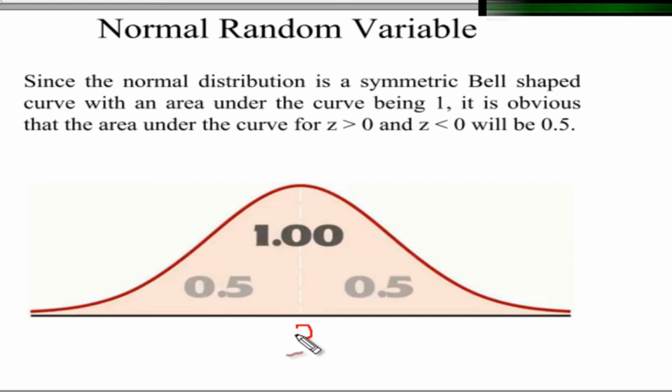The mean is 0, so 50% of the points will lie on one side and 50% on the other. Here the value of Z is greater than 0, and here the value of Z is less than 0. So that's why this curve is used. Again, this is a bell-shaped curve. The Z distribution curve is also a bell-shaped curve, and this is the standard normal distribution. Okay, let's move on.